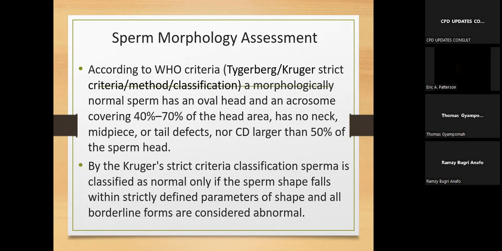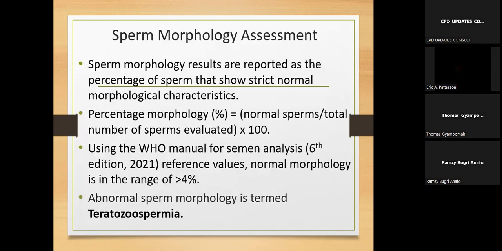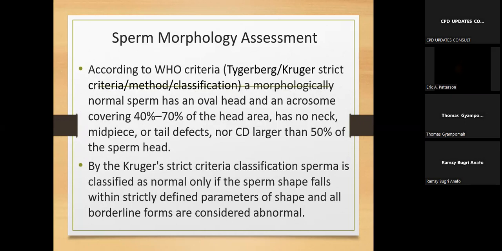It's like saying Grandpa Thomas, and then sometimes you want to say Grandpa, and sometimes you want to say Thomas. So you can come across the Tygerberg criteria. You can also come across the Kruger criteria. It's the same thing. Now, even with the criteria, some people call it the Tygerberg or the Kruger method, and some also call it the Kruger classification and so forth.